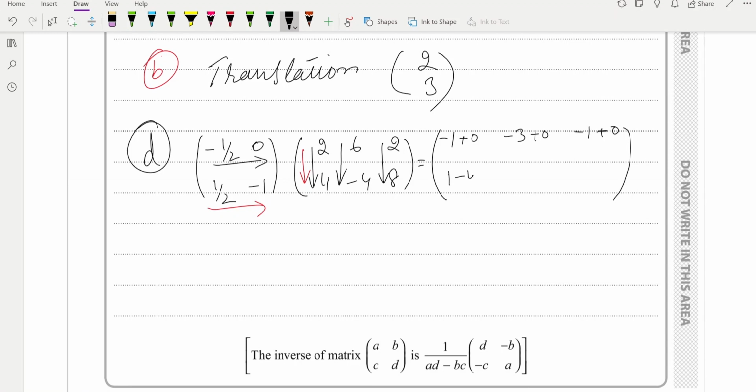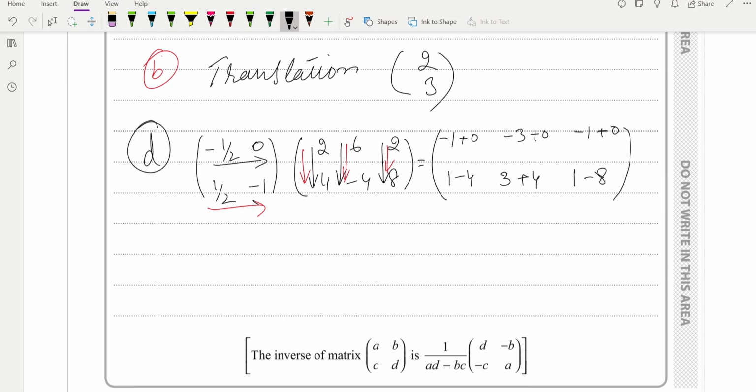Then for second row and second column, it will be 1 by 2 into 6 will be 3, and minus 1 into minus 4 will be plus 4. The last row and last column will be 1 by 2 into 2 will be 1, and minus 1 into 8 will be minus 8.